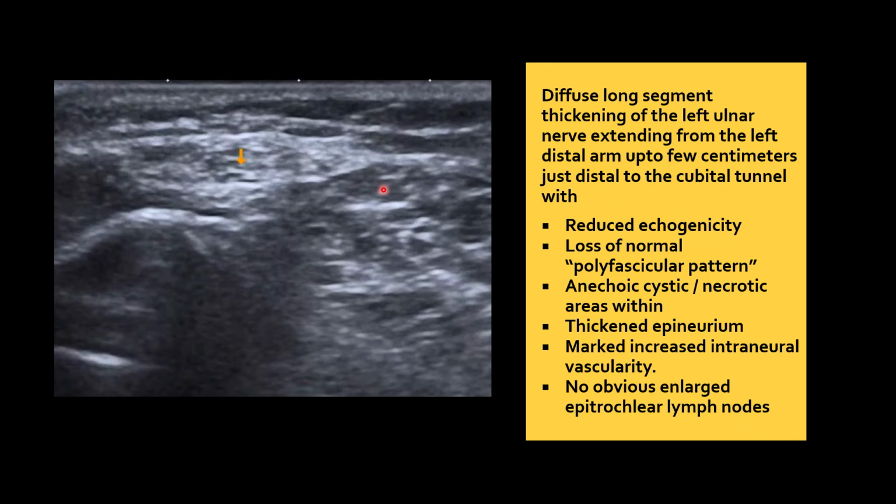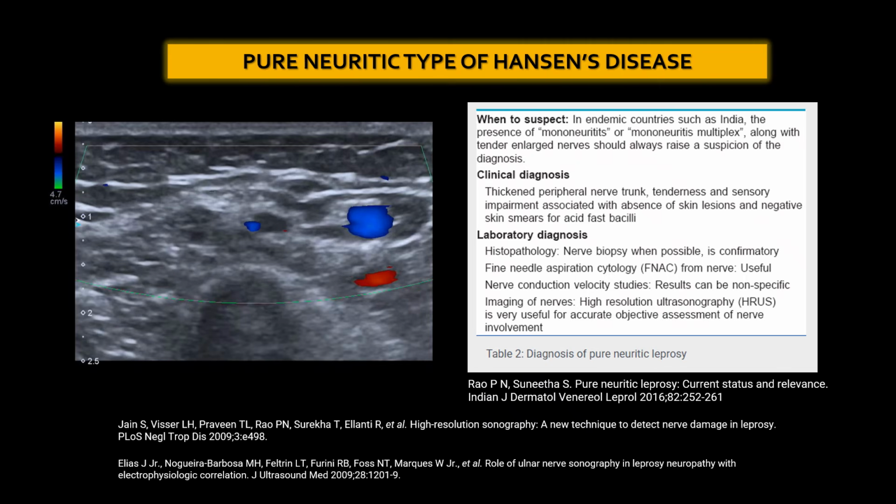So, if we consider all these features together, what comes to our mind is the diagnosis of pure neuritic type of Hansen's disease. This patient's quantitative PCR was done, which was positive for Mycobacterium leprae, and she was started on multi-drug treatment, and now she is completely asymptomatic, completely disease-free.